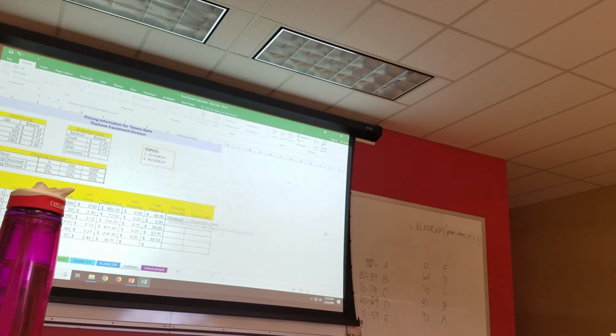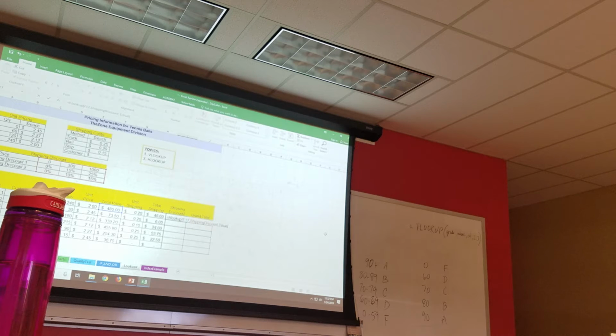We look it up in this horizontal table right here. And now, instead of it asking me which column is my answer in, it asks me which row is my answer in. And with the information I just gave you, which row is the answer in? 3. And then knowing what you know about true and false, approximate and exact matches, this is what? True. Which is an approximate.